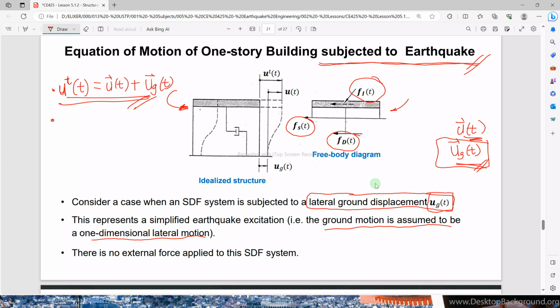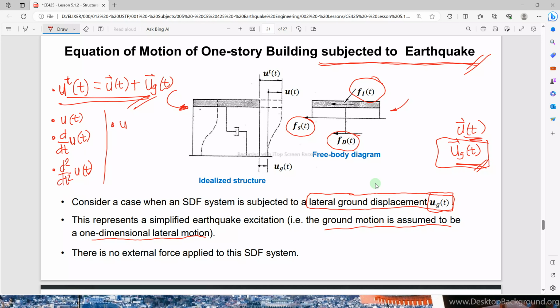Earlier, I mentioned that if we have the lateral displacement of the building and differentiate it with respect to time, you will have what we call the response velocity. If you differentiate for the second time, you get the response acceleration of the structure.